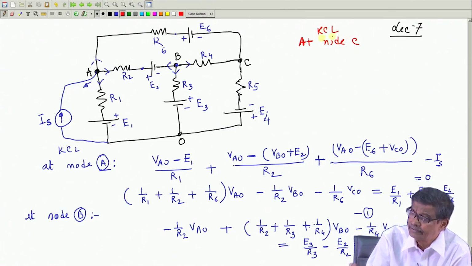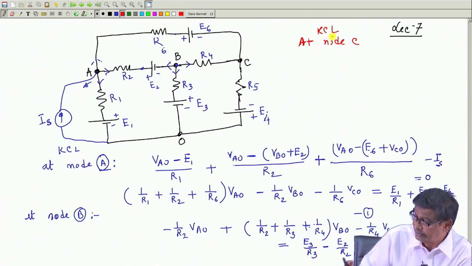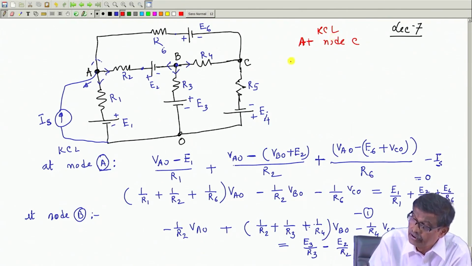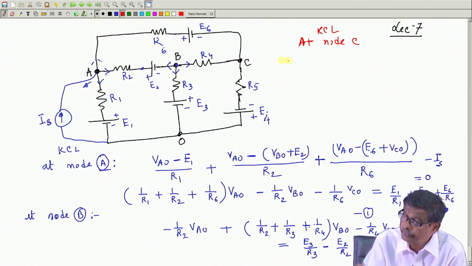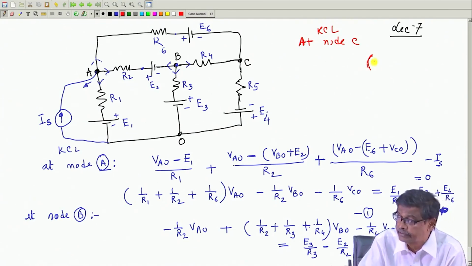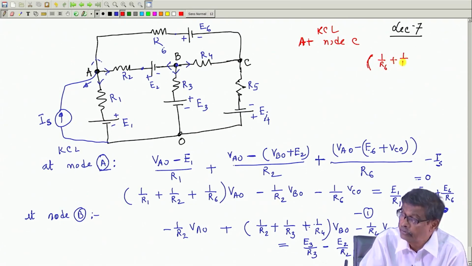I can once again start from the basics, but I will not do that, because I know there is a certain pattern in which the coefficients of VAO, VBO and VCO are decided. So, at node C, coefficient of VCO will be the sum of reciprocals of all the resistances connected to node C, that is 1 over R 6 plus 1 over R 4 plus 1 over R 5.